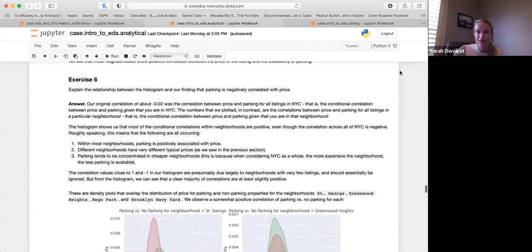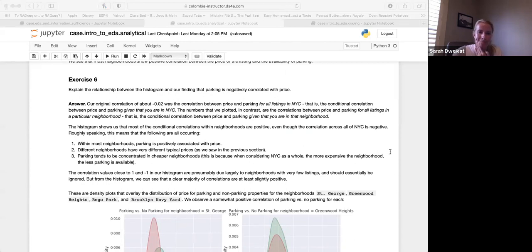Does this make sense to everyone in terms of why we see this trend? Let me know if you have any questions about this trend.